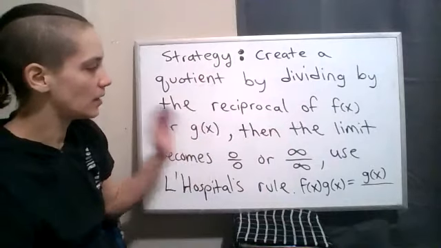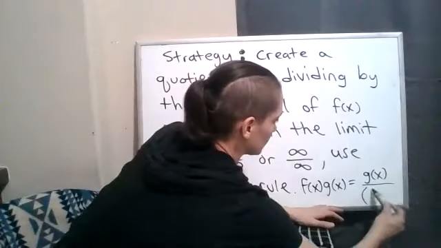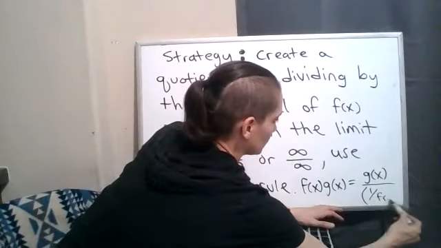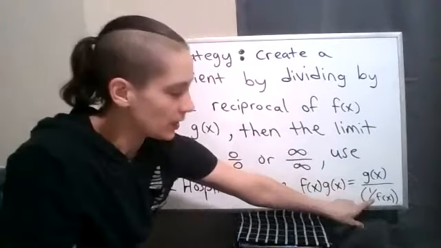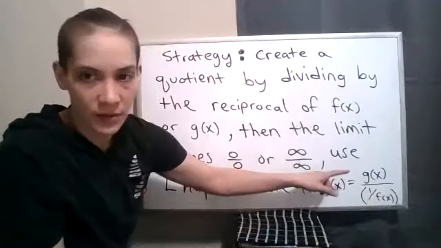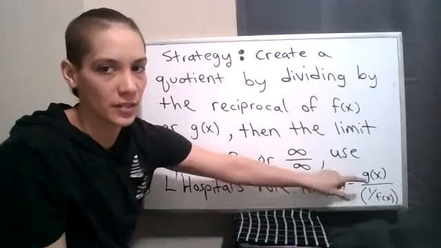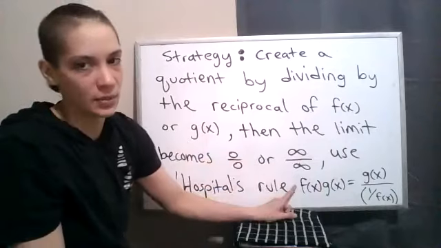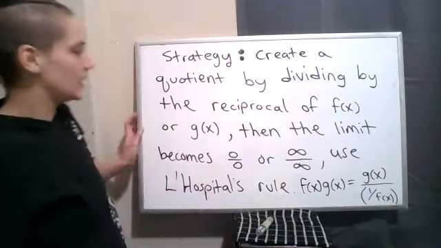So divide by 1 over f of x. If you go back the other way, you've got g of x, and then you would times by the reciprocal of the bottom fraction. So g of x times f of x over 1 gets you back here. Okay, now we'll try a problem.